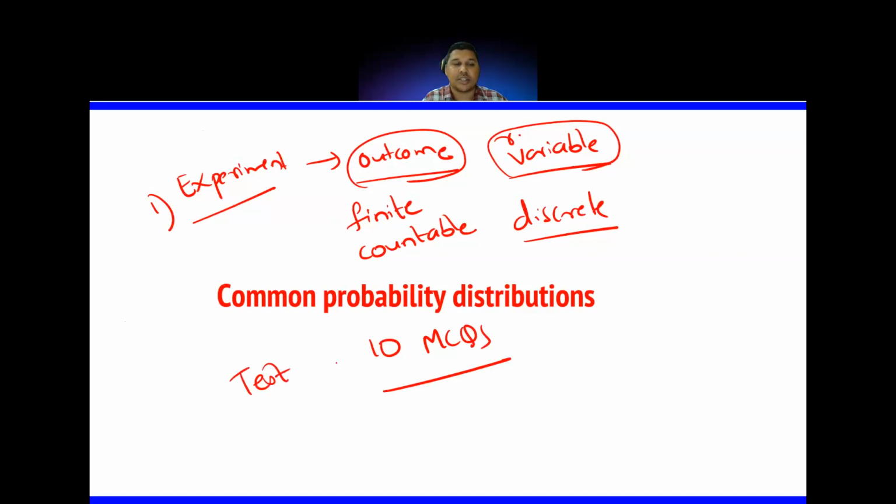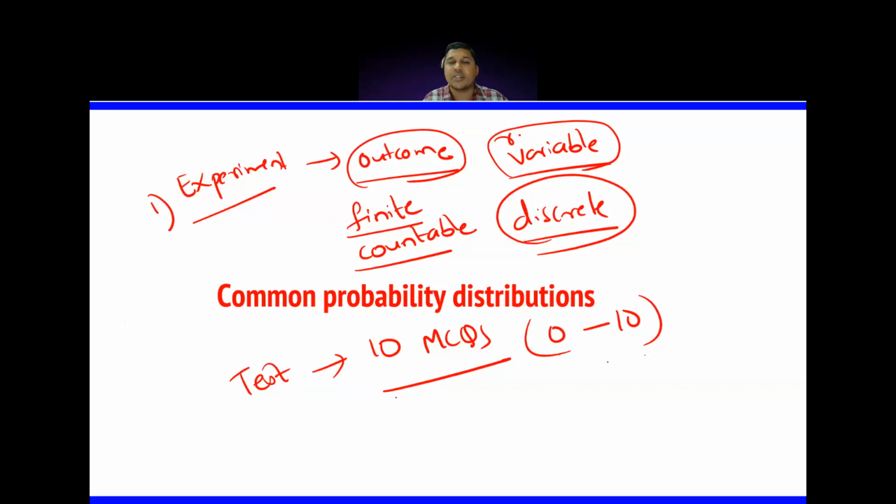One test is there and each one carries 1 mark. So the values of this random variable, or the outcome of this experiment, will be from 0 to 10. And it is limited, it is finite, everybody can count. We all know how many marks students get, either 0 or 1 or 2 or so on, or 9 or 10. This is finite. That's why finite and countable, that is discrete.